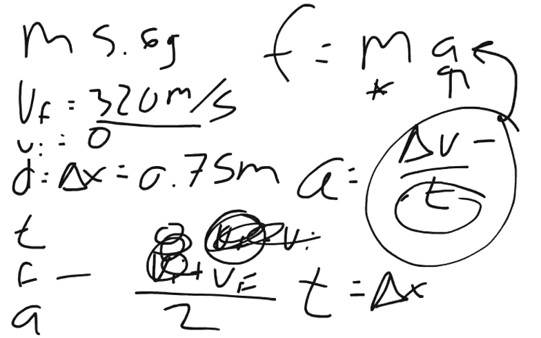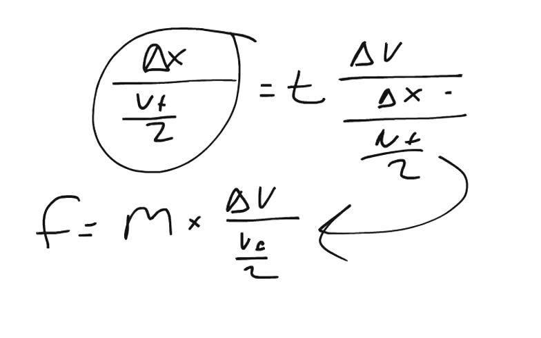The caution is, our resultant force in newtons comes from a mass in kilograms, which this is not, it's in grams, and from an acceleration in meters per second squared. Our change of x is in meters, and our change in velocity is in meters per second, so that's fine. The thing we need to convert by dimensional analysis is our mass.